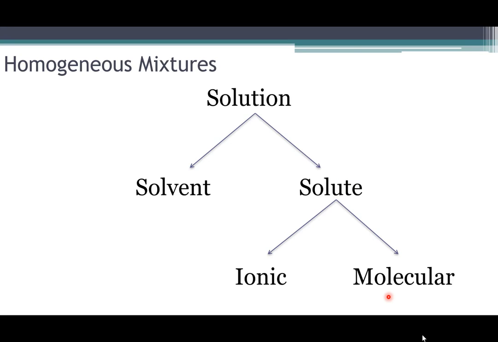A molecular compound is just another fancy name for a covalent compound. So a molecular compound would be a non-metal bound to a non-metal. And we know when two non-metals covalently bond together that they will share electrons.